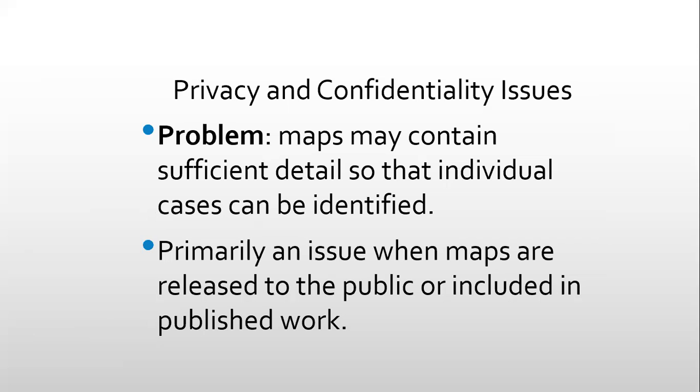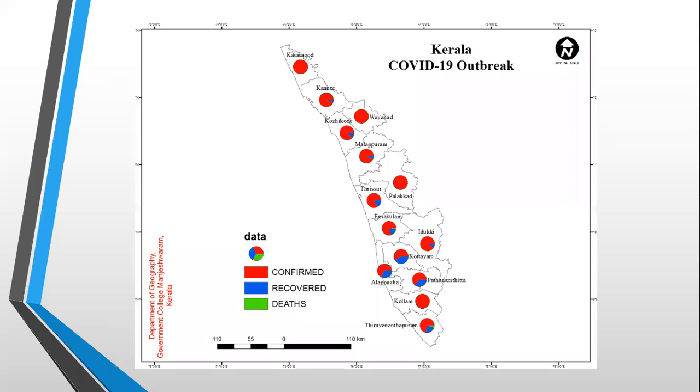What kinds of issues do we face in the health sector? The medical history of a person is clearly connected with privacy and personal information. Most people are not willing to share this kind of information. These are a few maps prepared by me for certain purposes.